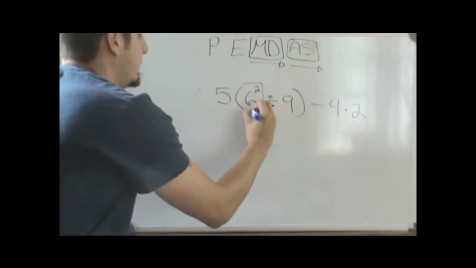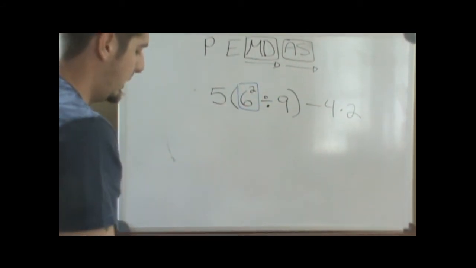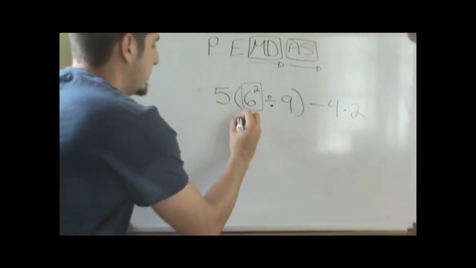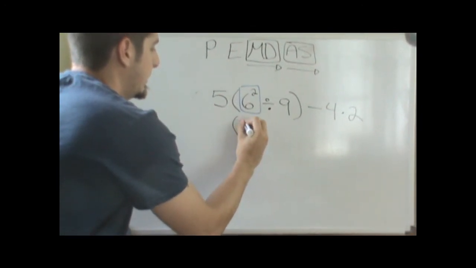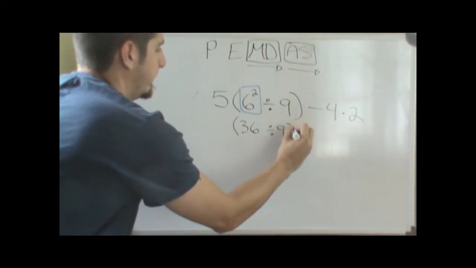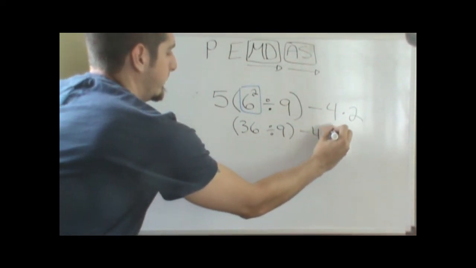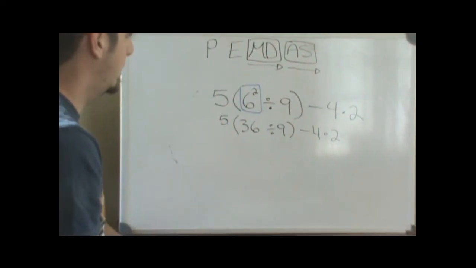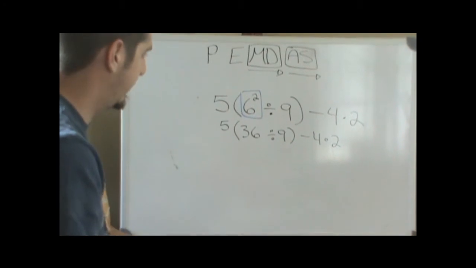So we'll box off the 6 squared, write my answer underneath, which in this case happens to be 36, because 6 squared is the same thing as saying 6 times 6. And everything outside that box drops right down around it.